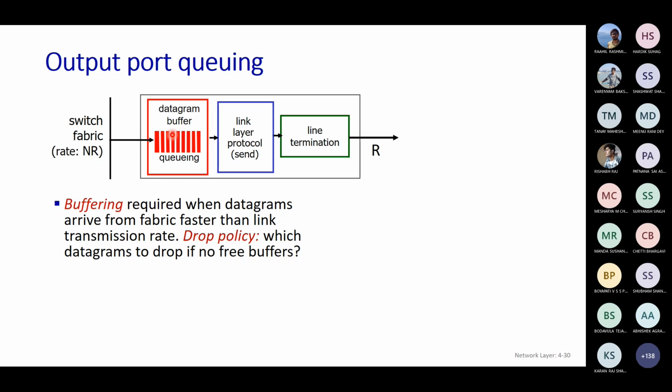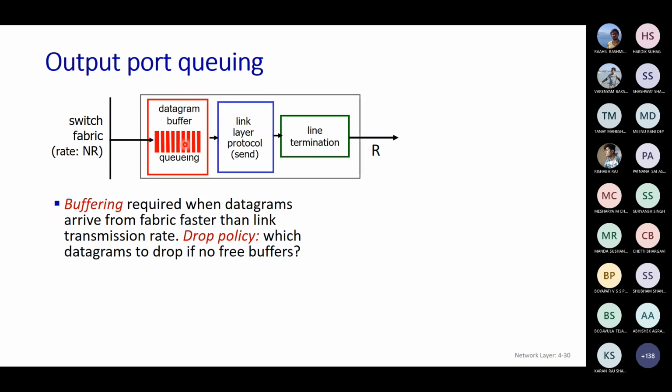Now when all the packets are coming out of a particular router, inside the router there's the switch fabric, and all the packets are coming one by one. If at the output port there is a buffer and there is a chance that buffer overflow is going to happen, then what's the first thing that you have to decide? You have to decide which packet to drop, because definitely there's going to be a drop of packets since you don't have that much buffer space.